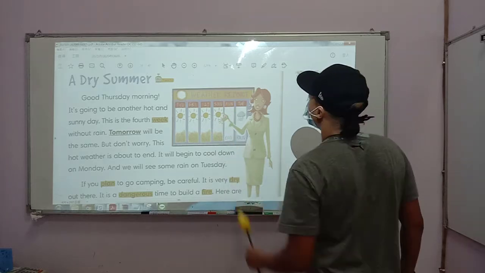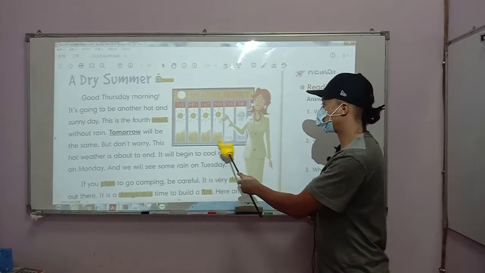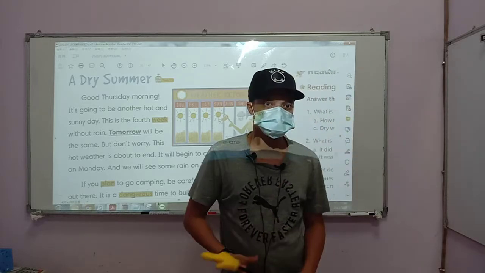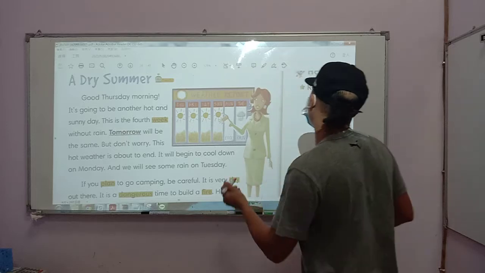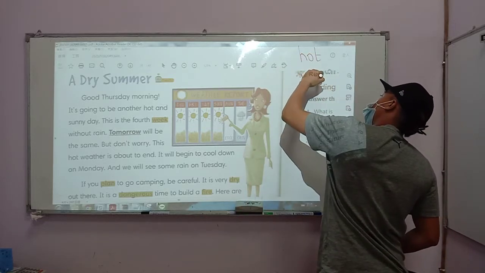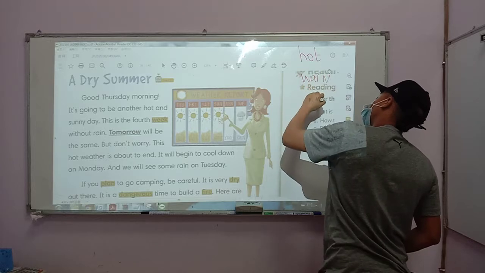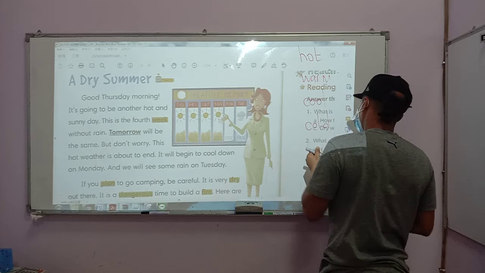Then it comes to Monday. Alright, so Monday, it says that it is cool. Okay, so normally in English, we write it this way. We normally go hot, warm, cool, and the last one would then be cold.